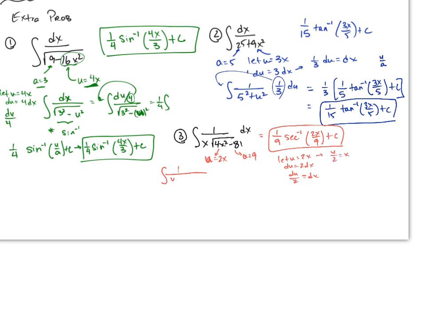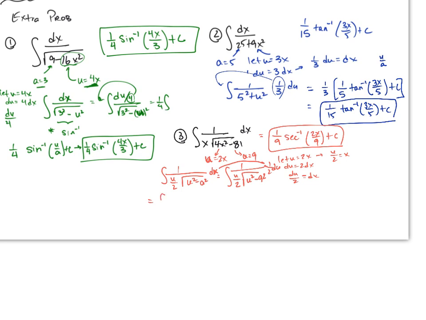U over 2 root u squared minus the a squared, right, times your du, whatever that comes out to be, which we already have. So let me make all the substitutions now. U over 2 root u squared minus 9 squared times 1/2 du. So this was a dx, and I made it into the du.